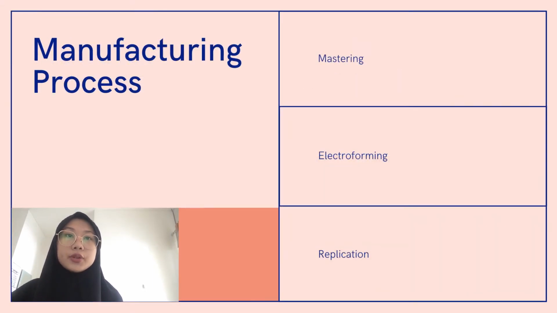And the manufacturing process of making a compact disc are mastering, electroforming, and replication. Those are actually the main processes, but within these main processes there are specific routines for the manufacturing.